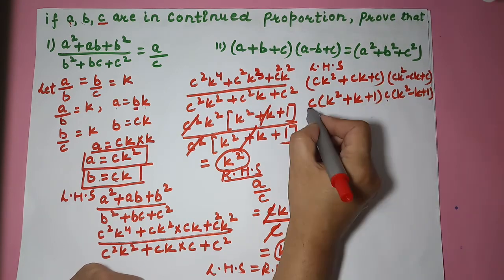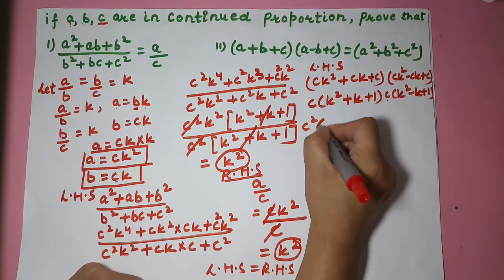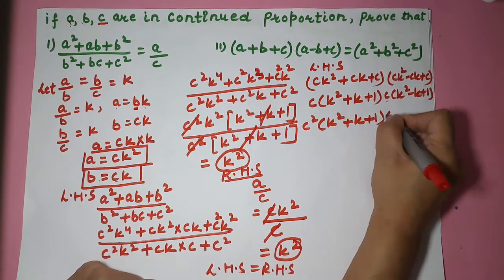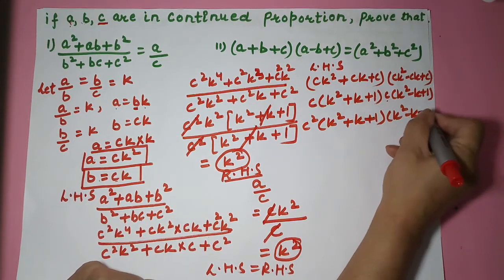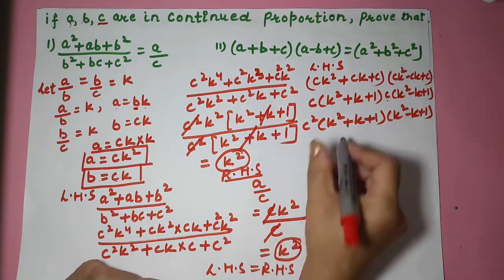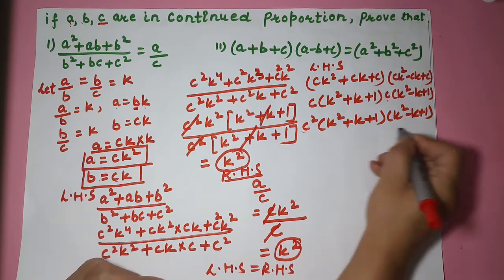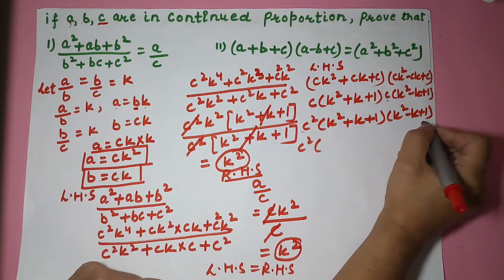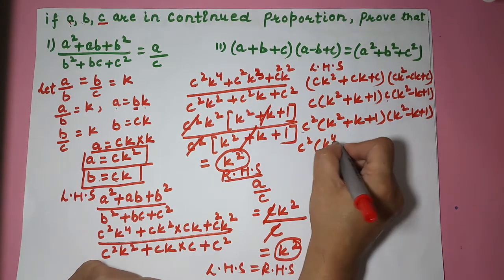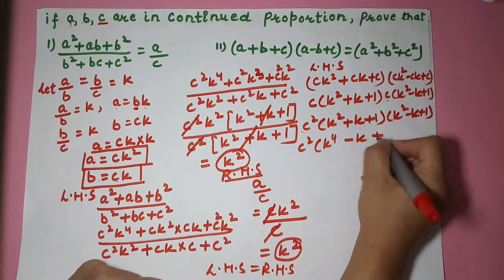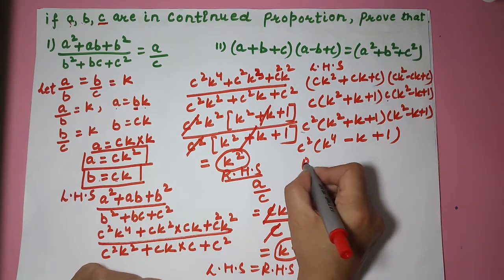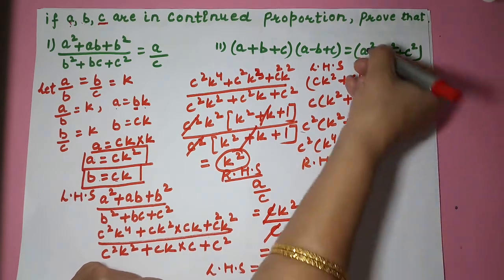Now this C into C becomes C square, and (K square plus K plus 1) into (K square minus K plus 1). If you keep this as it is, or this is a formula, this is an identity, you will get this as K4 plus K square plus 1. Fine. Let's see what we will get in the right hand side. I have A square.